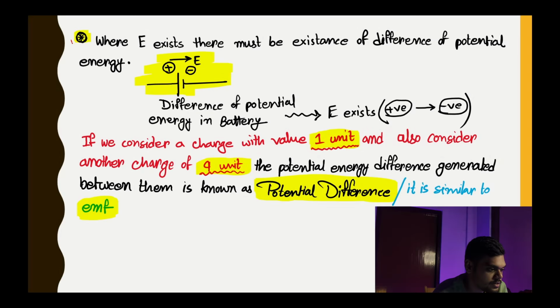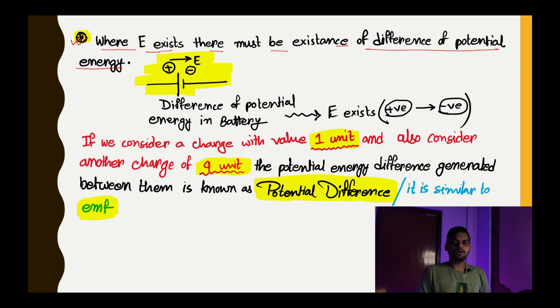The first point is, where E exists, there must be a difference between potential energies. So let's take an example of a battery. We have the anode of the battery and the cathode of the battery.